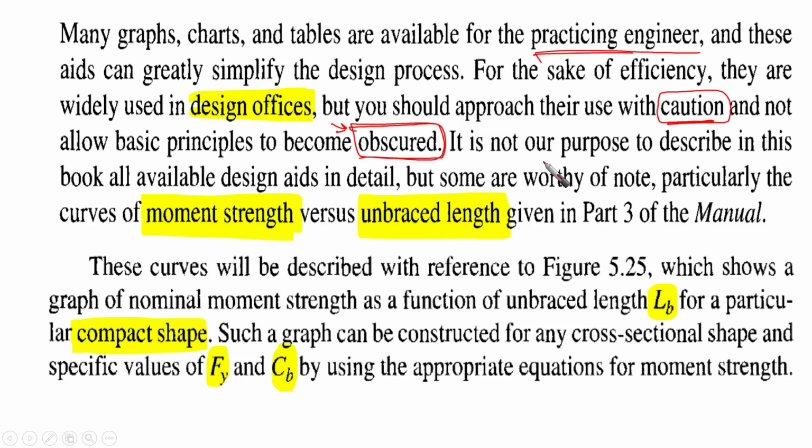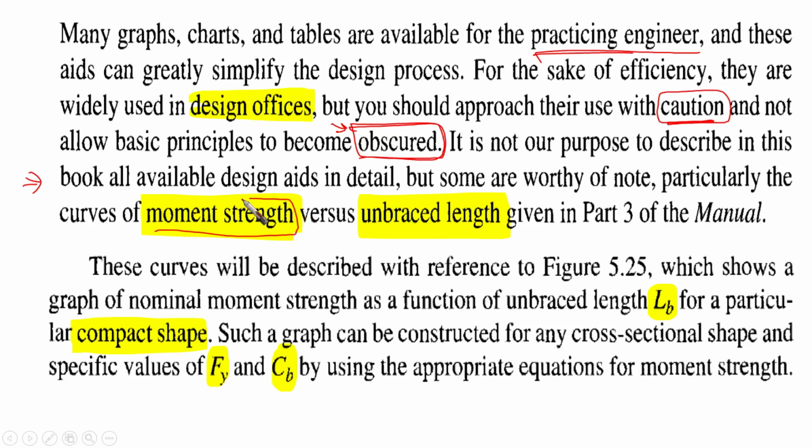It is not our purpose to describe in this book all the available design aids in detail. Actually, this is the textbook that I'm following, so we're not going to describe everything in detail regarding the design charts, but some of them are worthy of note, particularly curves of moment strength.